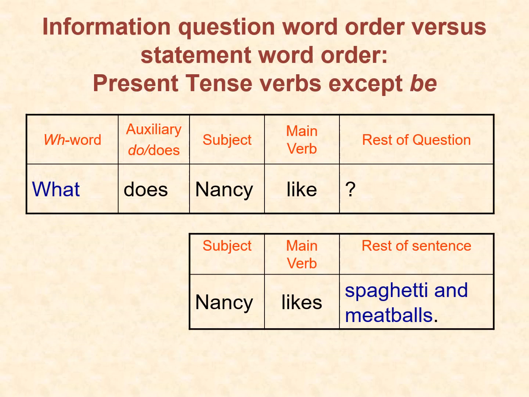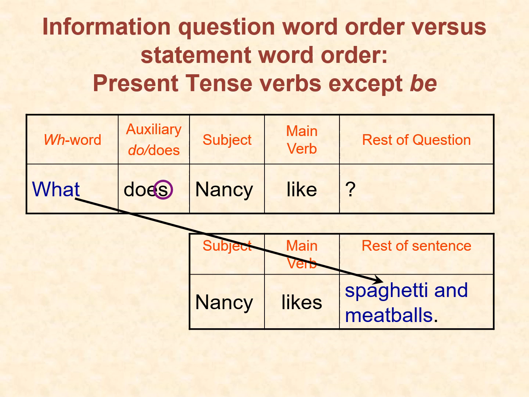Another example of the question word order and the statement or answer word order. In the question we get, what does Nancy like? Because Nancy is third person, we get does. In the statement or answer, we get Nancy likes spaghetti and meatballs. In the question, we need an auxiliary, so we get does.